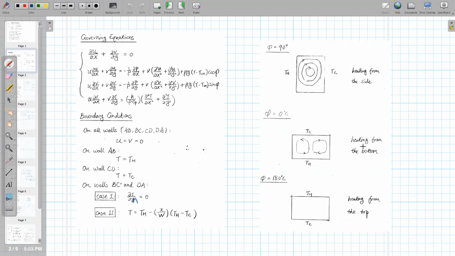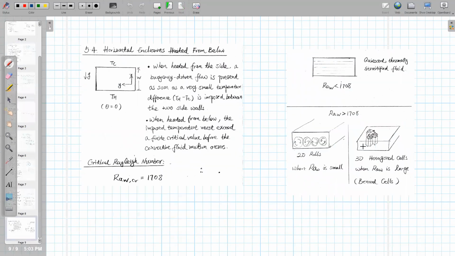When you have heating from the bottom, we have horizontal enclosures heated from below. This problem is a little bit special. If we consider heating from the side, where this is TH and this is TC, you have a boundary layer here and a boundary layer here.